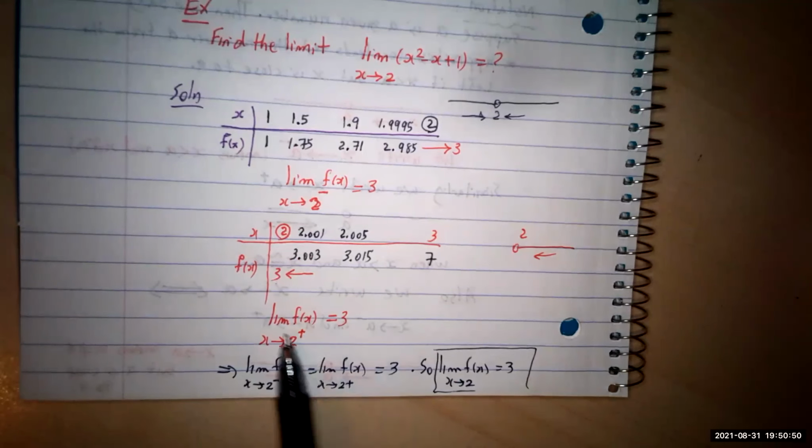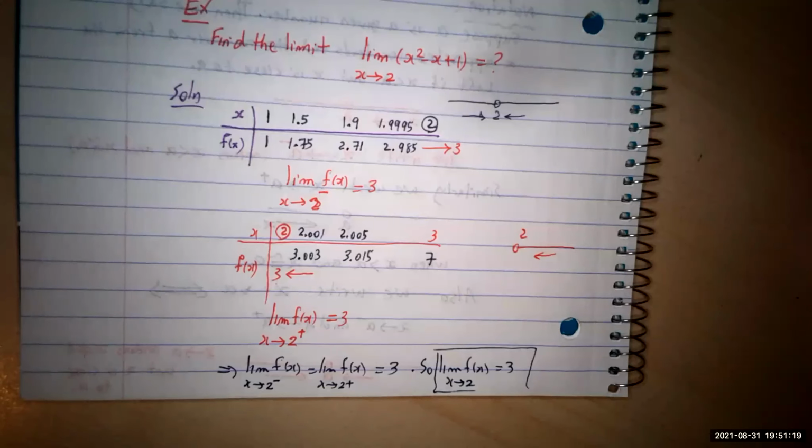If you do these 2 estimations and the numbers are different, in that case, you cannot have the limit, okay? So you estimate from the right and the left, and in both cases these happen to be equal to each other. If the limit does exist, the right and the left would be the same.